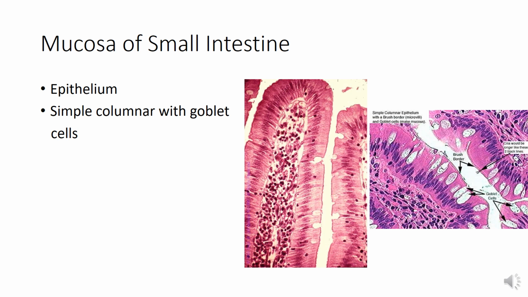What is the histological structure? The mucosa of the small intestine consists of the epithelium, the lamina propria, and the muscularis mucosae. Now the epithelium of the small intestine is simple columnar epithelium with goblet cells.